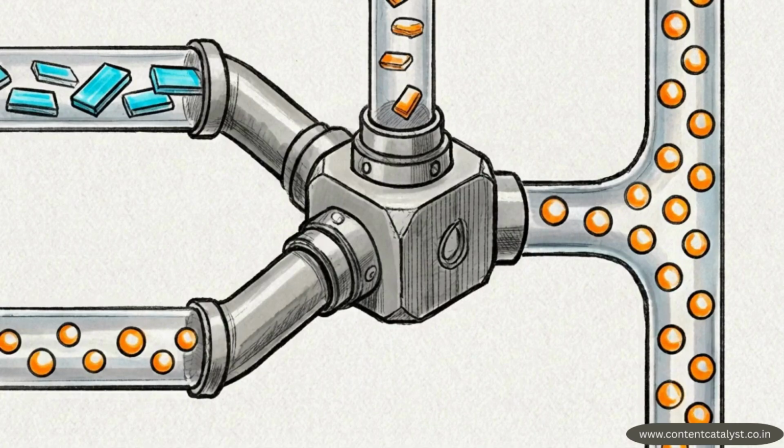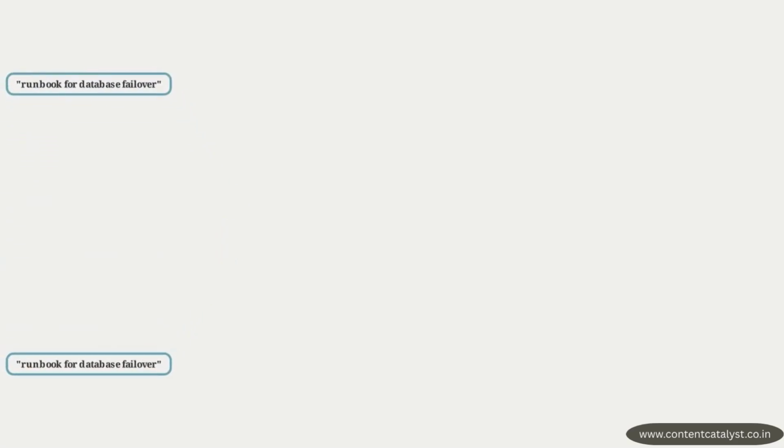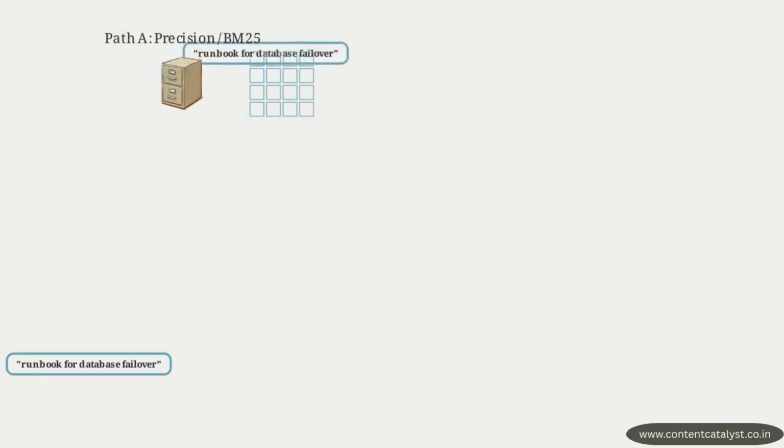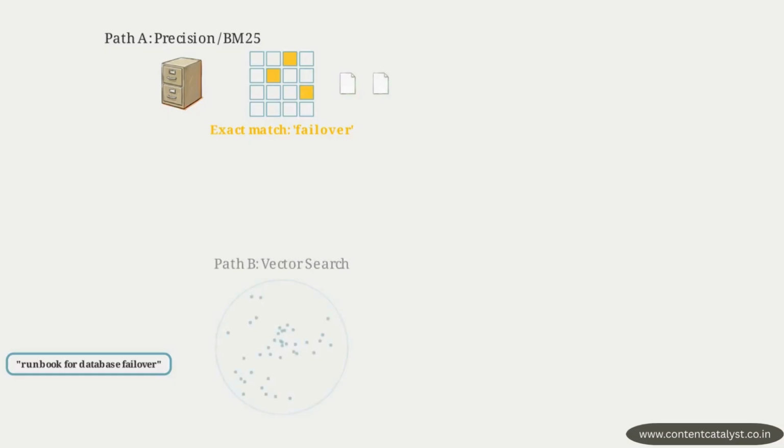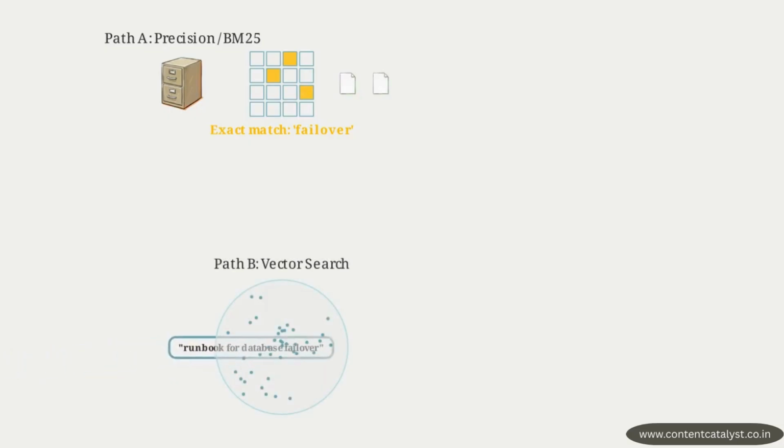Because precise keywords and semantic vectors possess distinct failure states, a modern AI system must execute both retrieval methods simultaneously. This combined architecture is the hybrid RAG pipeline. This schematic traces a complex user query, like runbook for database failover, splitting down two concurrent architectural paths. Path A relies on the inverted index and BM25 to strictly filter the corpus for documents containing the exact term failover. Simultaneously, Path B uses vector search to locate conceptually related documents, even if they use entirely different phrasing, like disaster recovery.